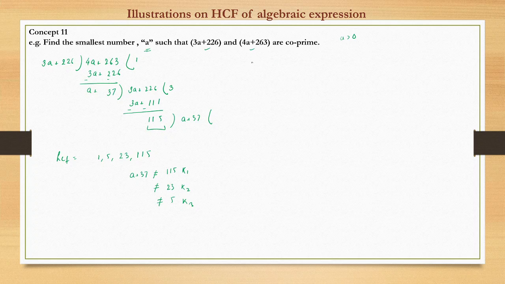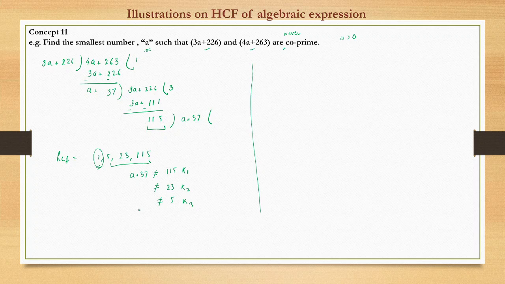Now if assume the question had been that find the smallest number a such that these two numbers are never co-prime. So now the question, if it says that they are never co-prime, so what would be there? So for that to happen, it means never co-prime means there cannot be an HCF of 1. So HCF has to be greater than, I mean, either 23 or 115.